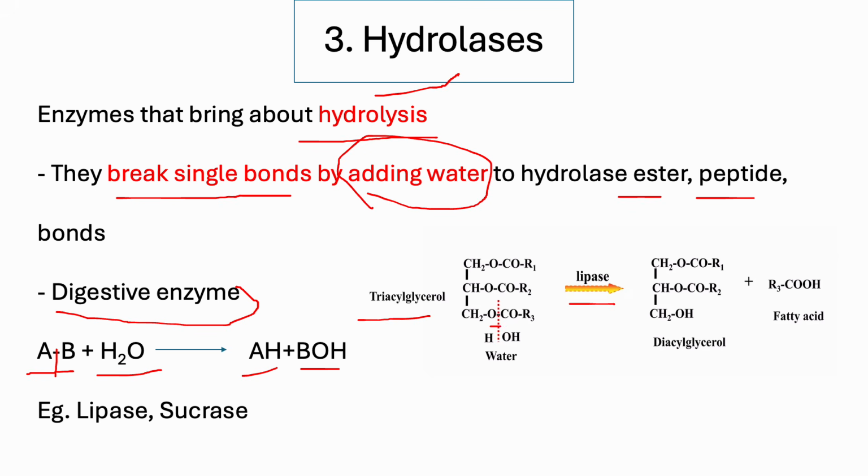Lipase breaks the ester bond, and then it adds an OH group here and an H here. That means it produces diacylglycerol and fatty acid. This is an example of the hydrolase class of enzyme.